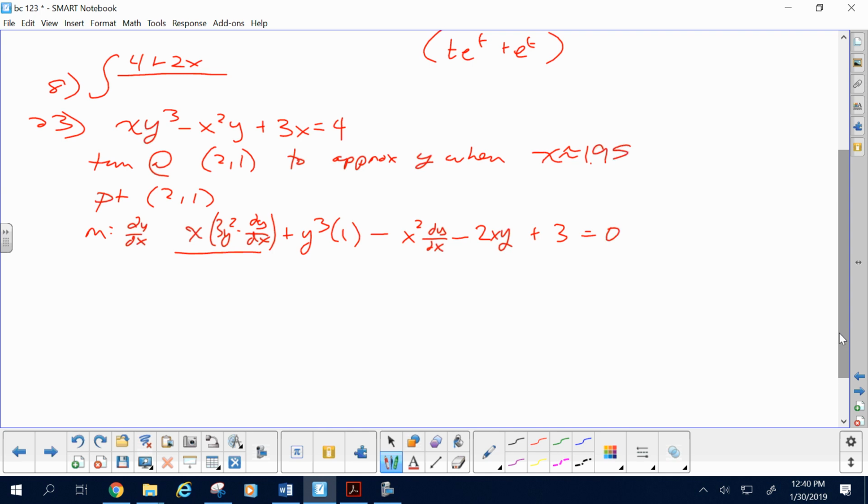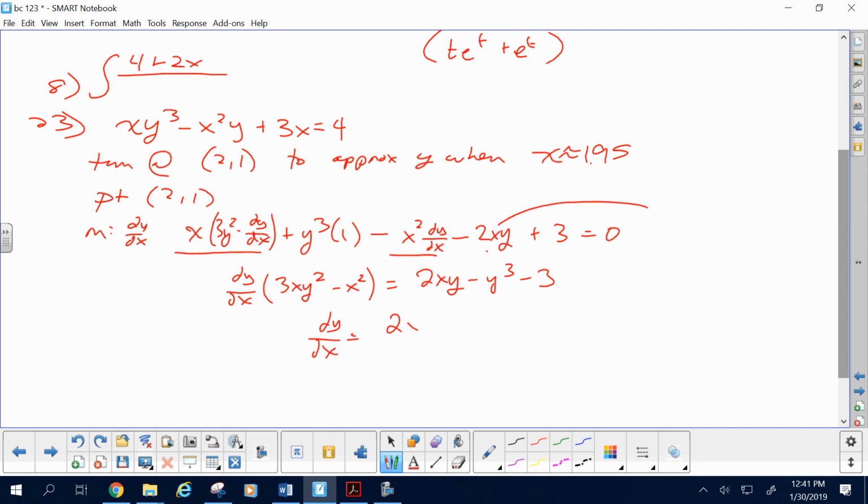So I'm going to keep these two guys on the same side and call it dy/dx times a factor of 3xy squared minus x squared. On the right hand side, I would move everything else over. So 2xy would be positive, negative y cubed, and negative 3. If you see an error, dy/dx therefore is 2xy minus y cubed minus 3.